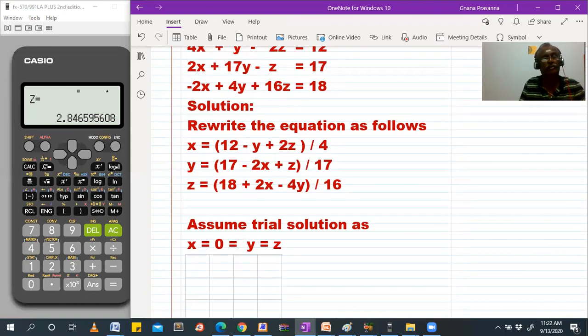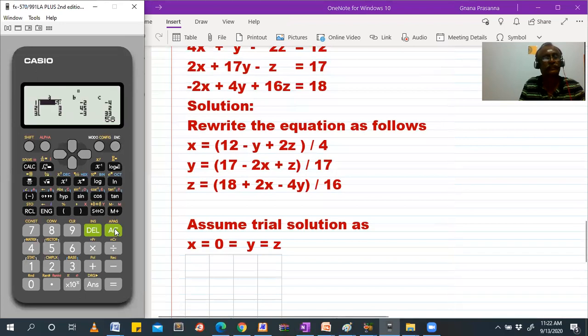Let us see how to calculate this using the calculator. First we implement these equations in the calculator.